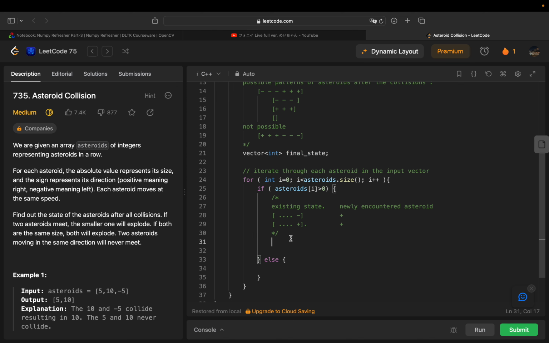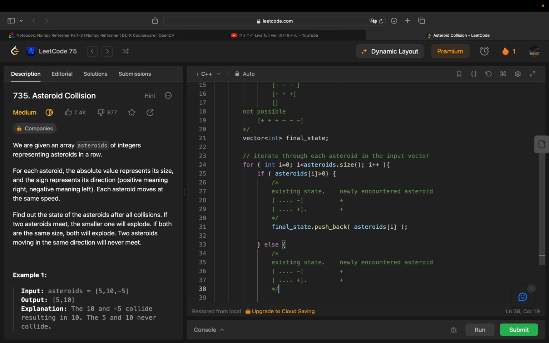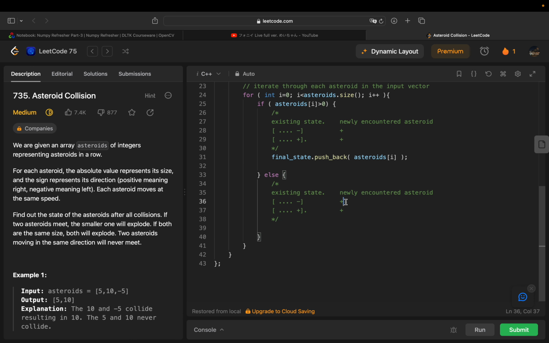So we can just add this one into the final state. On the other hand, if the newly encountered asteroid is flying leftward, in the first case it will not collide with anyone.